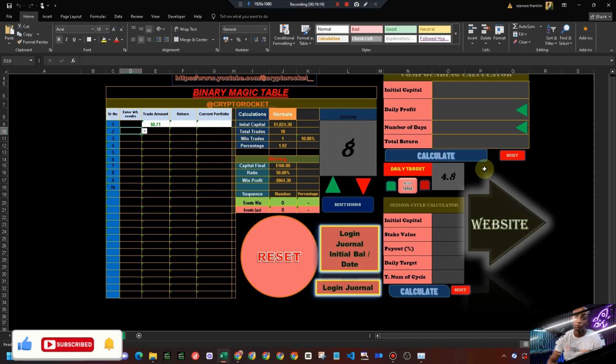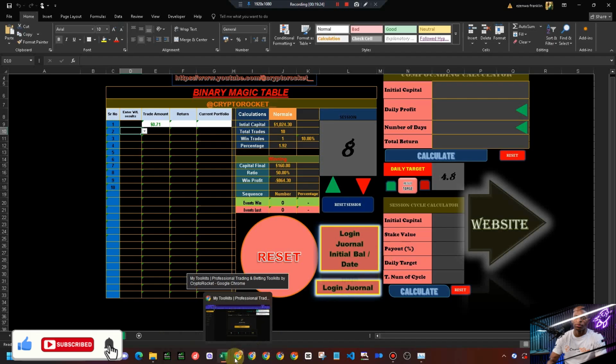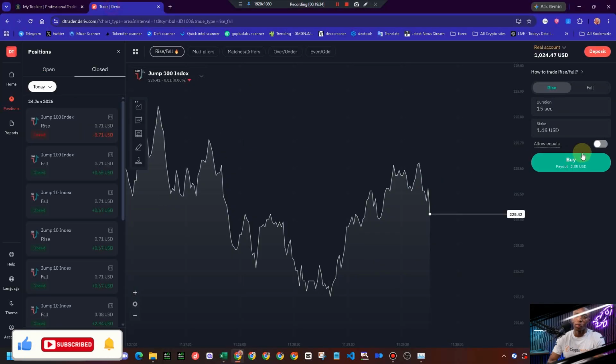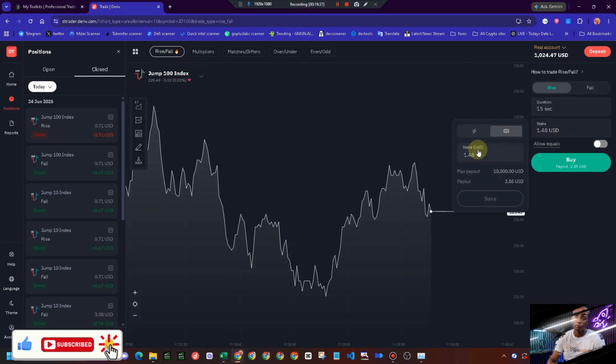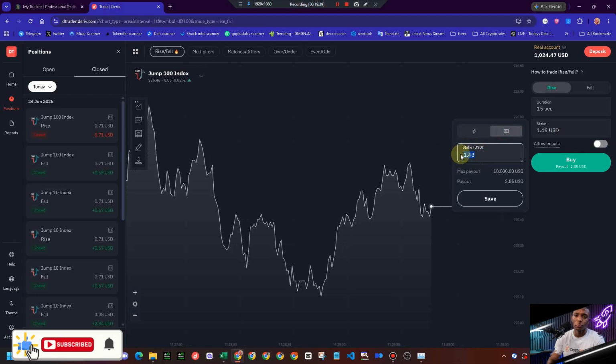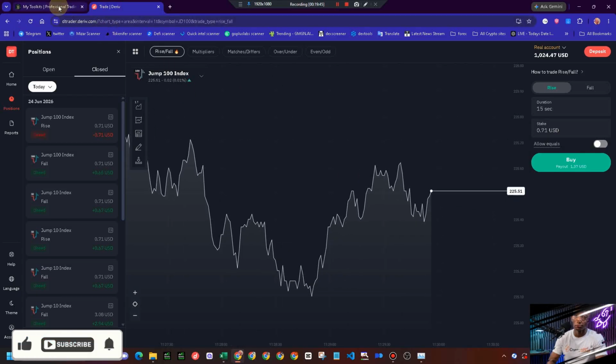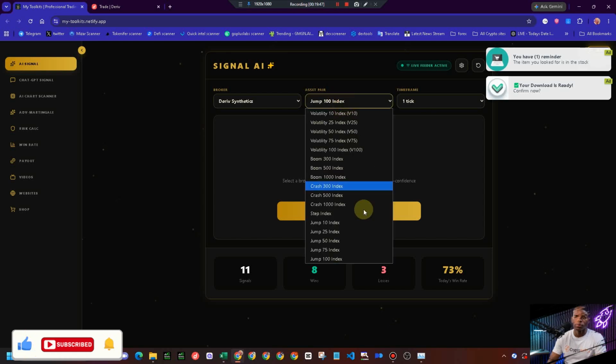Our daily target is 4.8. So let's continue. Our trade amount is still 0.71. It has not increased. So we still put our trade amount to be 0.71. We save.